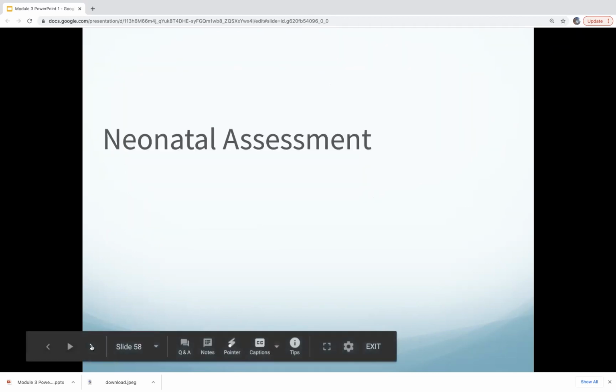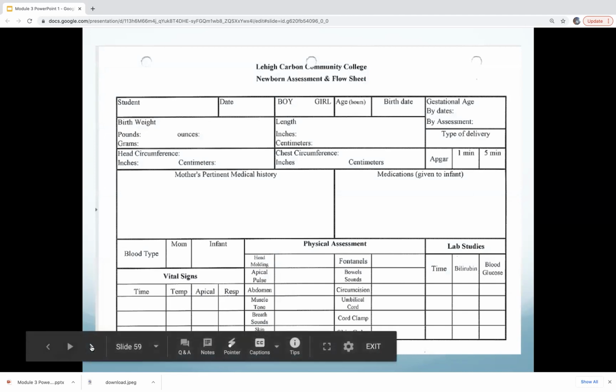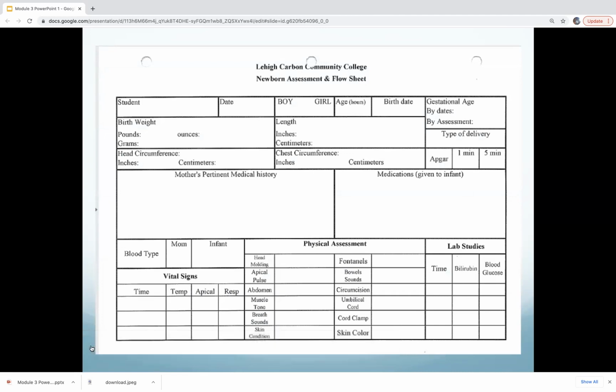Okay. All right, let's go into the neonatal assessment. Everyone has this newborn assessment and flow sheet. Now, if you look, the flow sheet follows mom because it's looking at what type of delivery she had, and what the gestational age is. So it's still looking at some of mom's assessment findings.